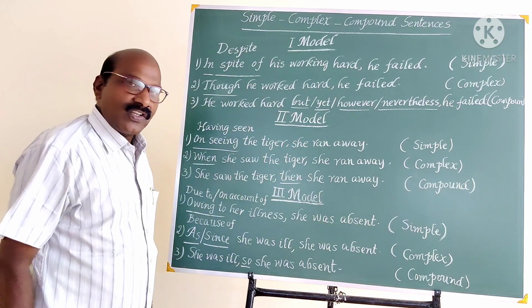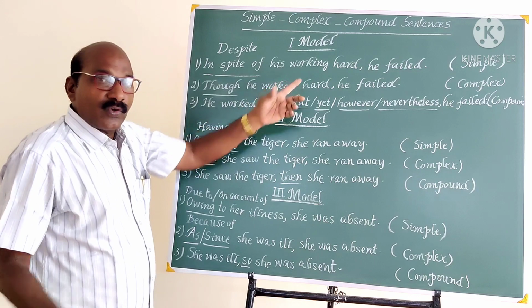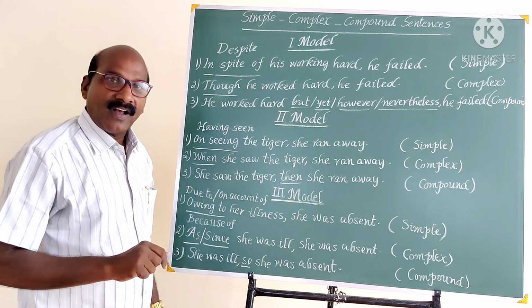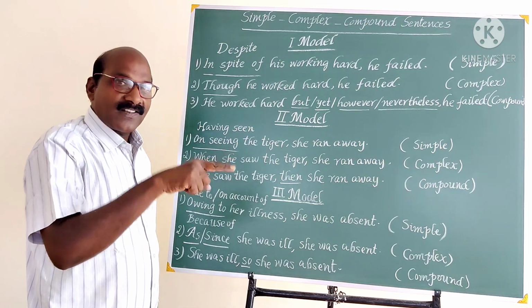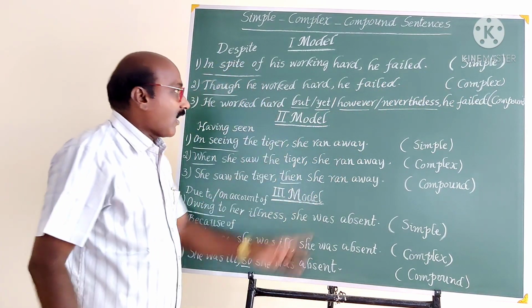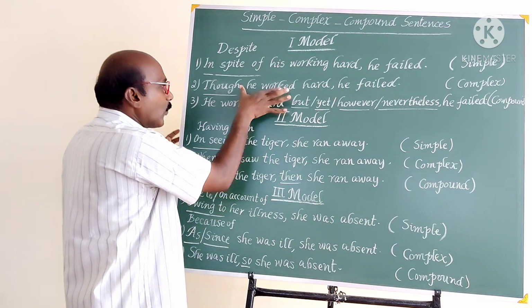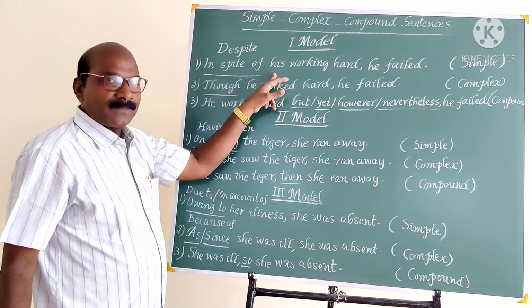What we have to change here is this phrase. This phrase should be converted into a clause. What clause? Subordinate clause. Because we have to change a simple sentence into complex, this complex sentence must contain one main clause and one subordinate clause. So we have to create this subordinate clause from this phrase.